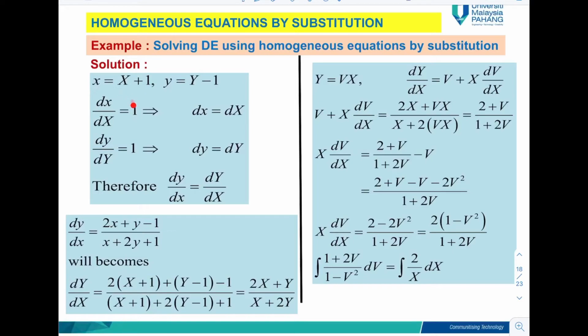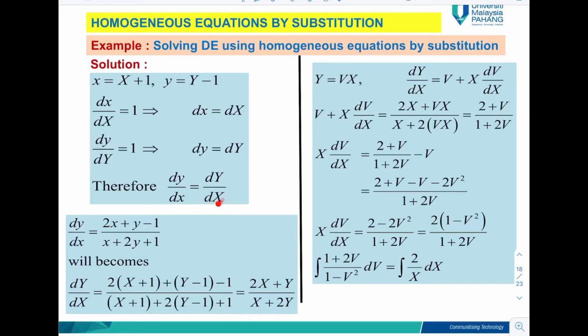So we know that dx equals dX. How about dy? Over here it equals dY, clearly we have this one. So therefore dy over dx equals dY over dX, capital Y over capital X.